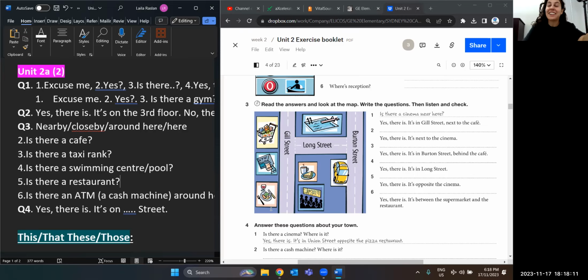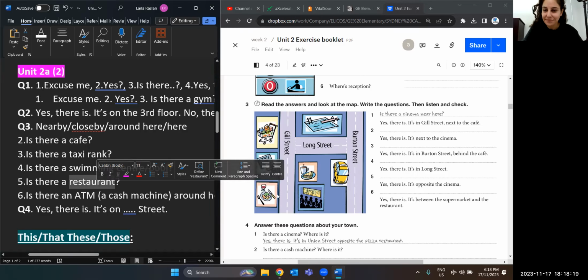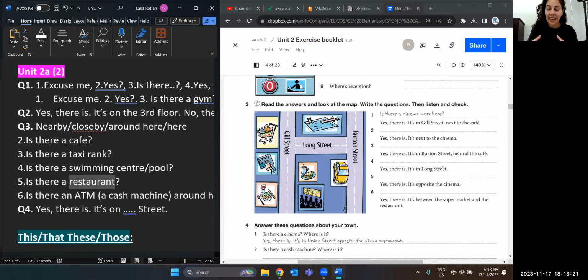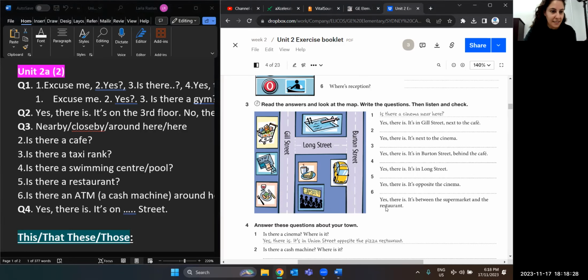Now I confused you. Okay, so 2 is cafe and 5 is restaurant. So very important. See how they change next to and opposite? And 6, is there an ATM or cash machine?